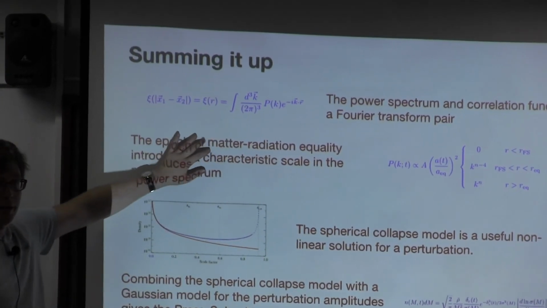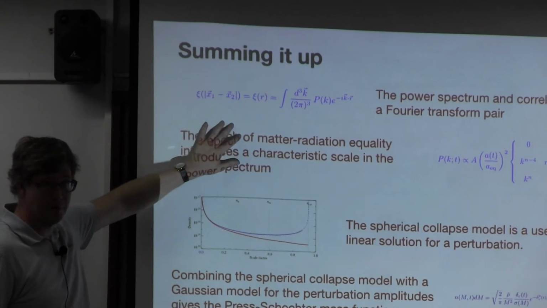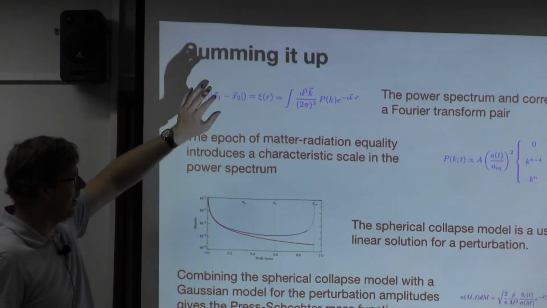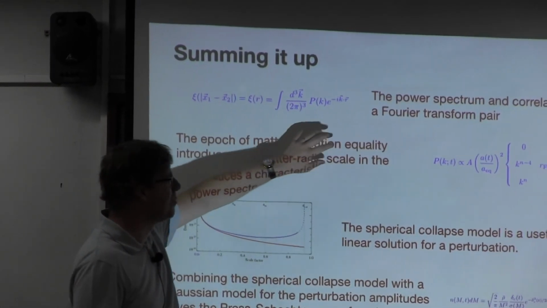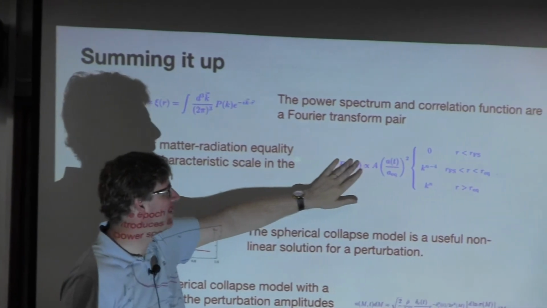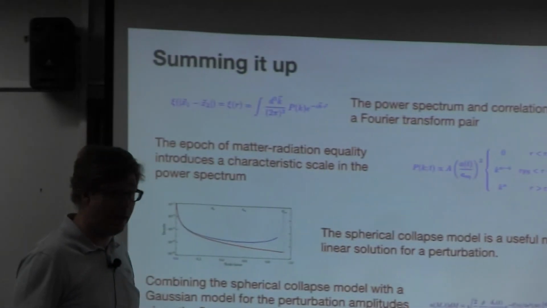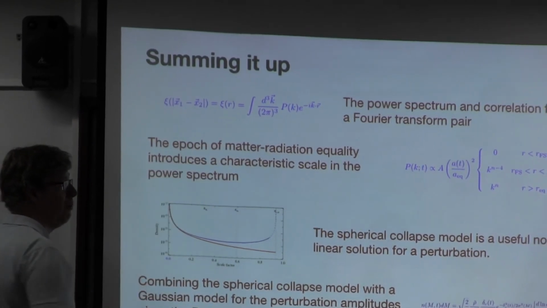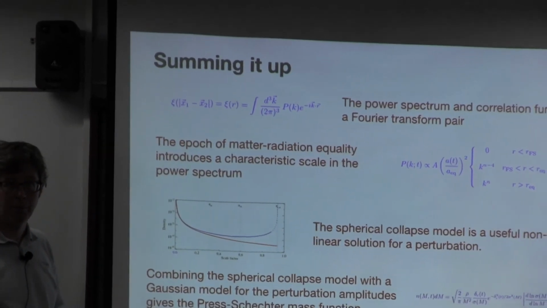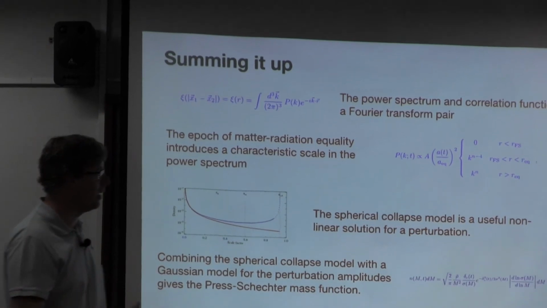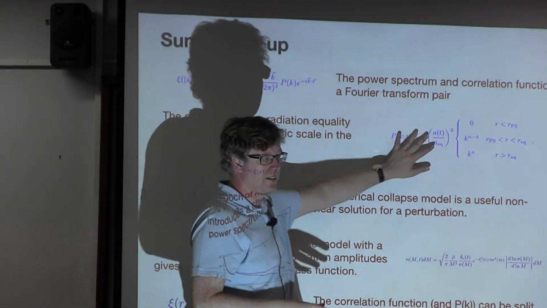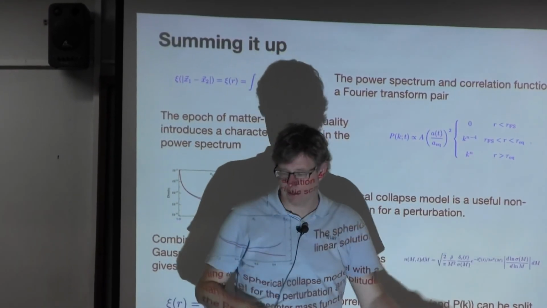The other thing we looked at, which I think you understand, is that the power spectrum evolves and you get a characteristic scale set down by the epoch of matter radiation equality. So that gives a characteristic scale in the power spectrum of galaxies, in the distribution of galaxies in the sky.